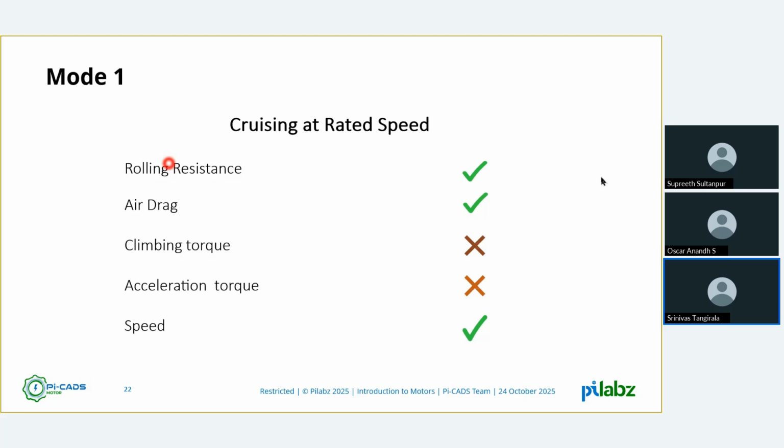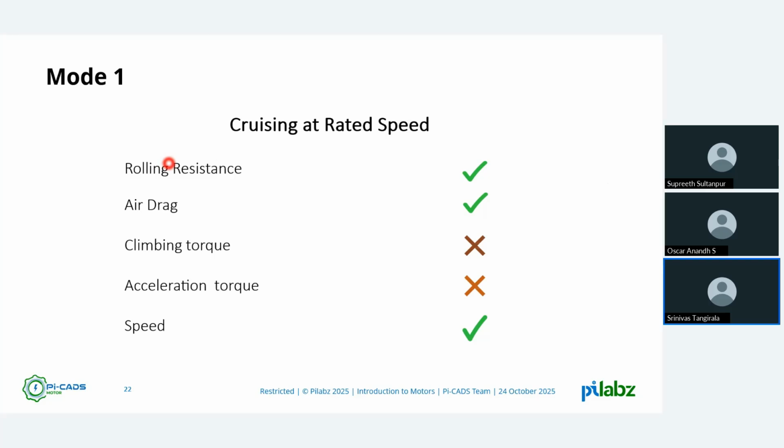There is no climbing torque because you're cruising on a flat road, and no acceleration torque as well. The speed is the rated speed, and the motor delivers that torque at that particular RPM. These are the characteristics of mode 1.